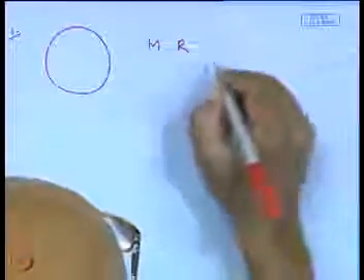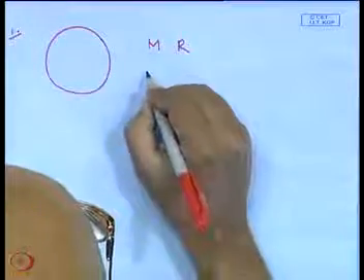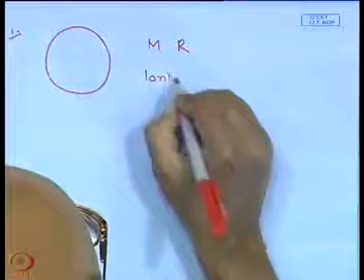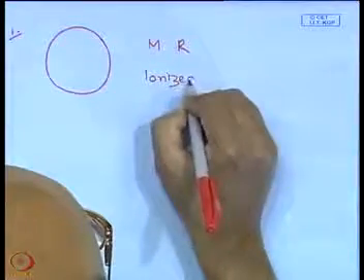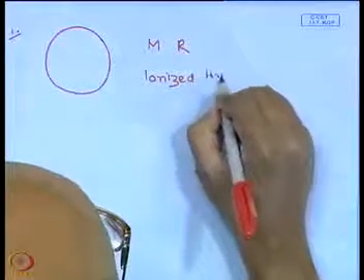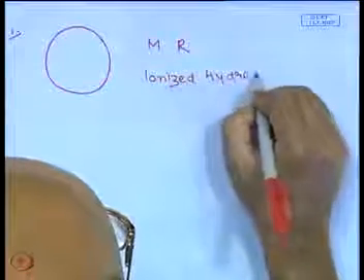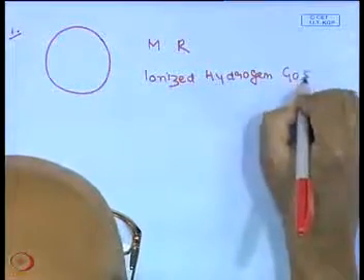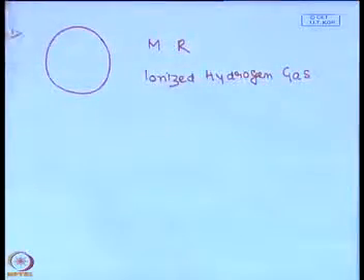Okay. So, this sphere is made up of hydrogen gas. We shall assume that it is made up of ionized hydrogen gas and it is in virial equilibrium.